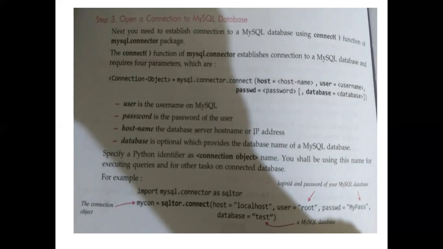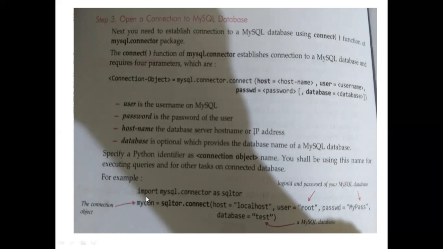Hostname is the database server hostname or IP address, and database is optional, which provides the database name of a MySQL database. You specify a Python identifier as the connection object name, which you shall use for executing queries or other tasks on the connected database.